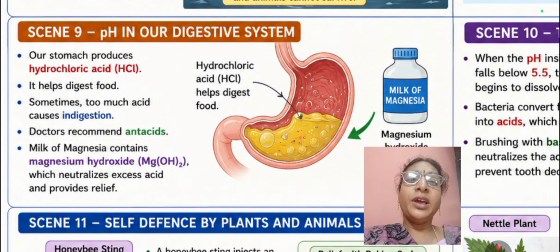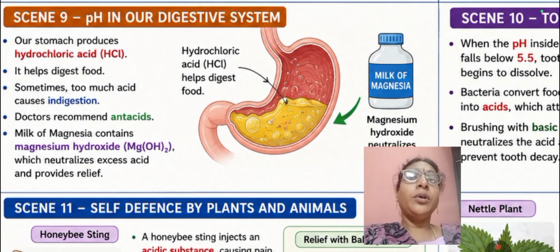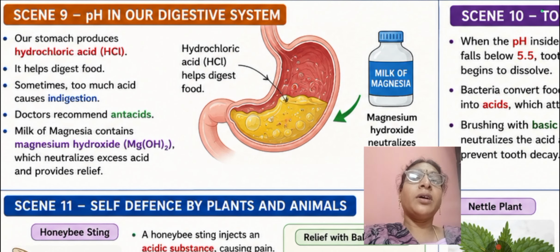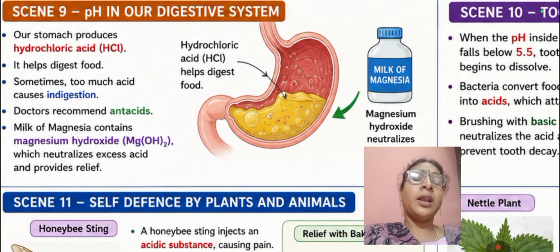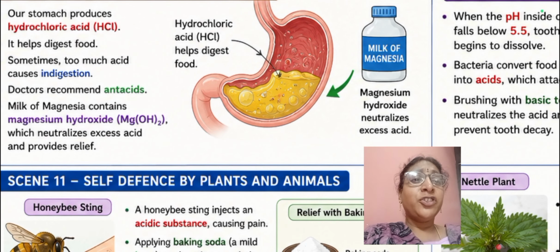Milk of magnesia contains magnesium hydroxide, Mg(OH)2, which neutralizes excess acid and provides relief. Here we have to reduce the hydrochloric acid in our stomach, so we use an antacid, that is magnesium hydroxide.